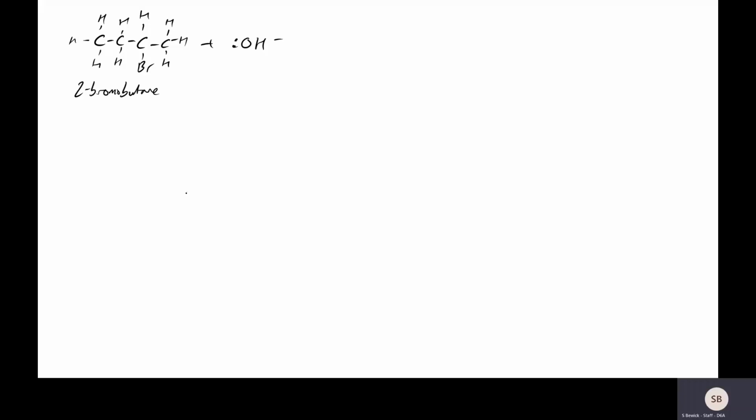So I'm going to draw this out again to show the mechanism. And I'm going to include both of these carbons, but the final one at the end I'm just going to write as H3C because again, it's not on one of the carbons next to the bromine, so it doesn't get involved. What could we possibly form?